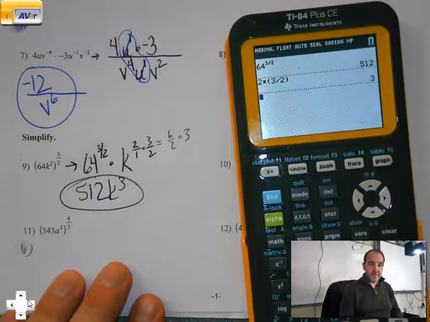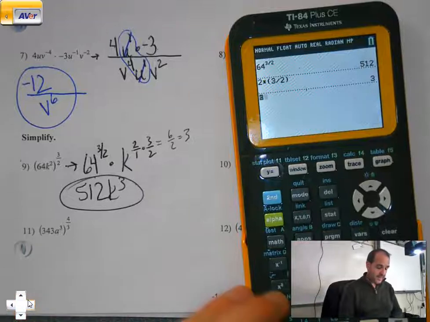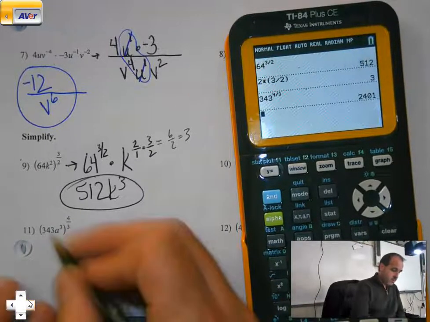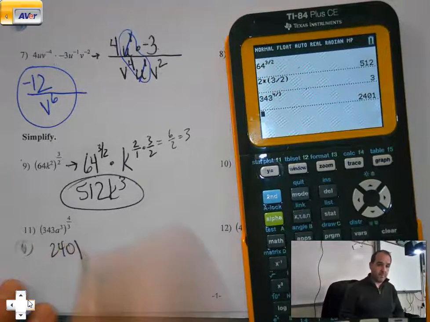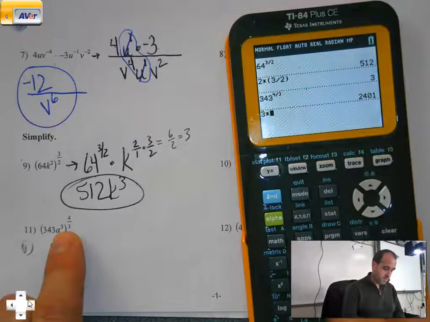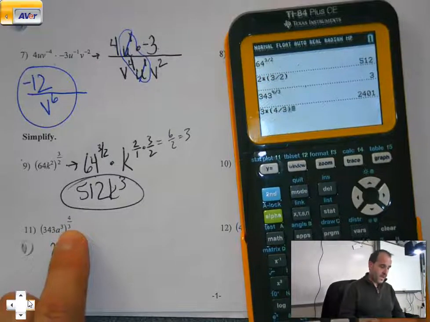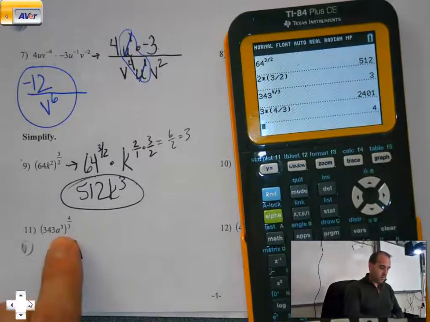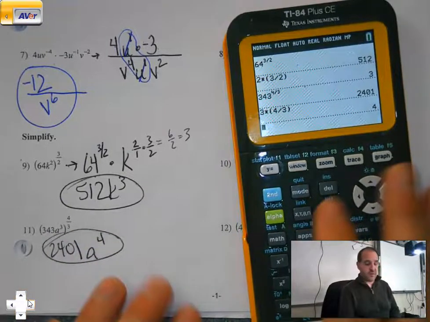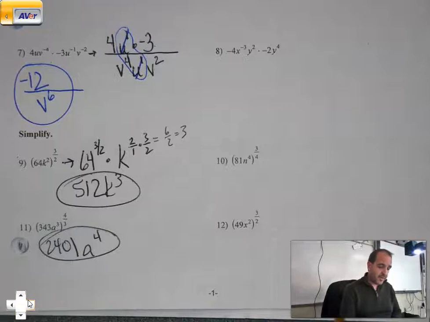Okay. So with any of these, again, you're just taking the number to that exponent, and then you're multiplying the exponents for your variable. All calculator stuff. Don't need to be messing with other things like that.